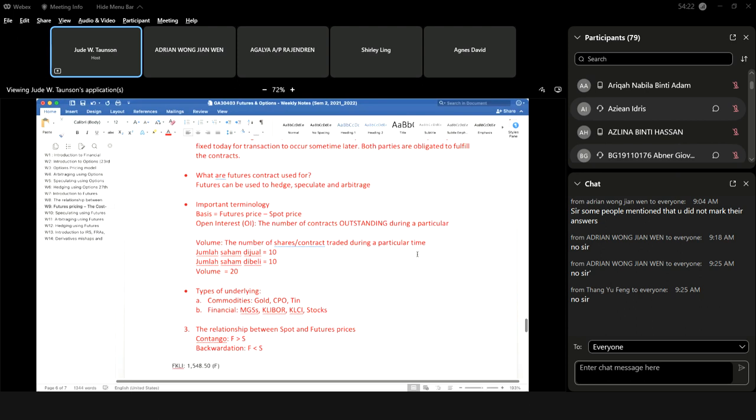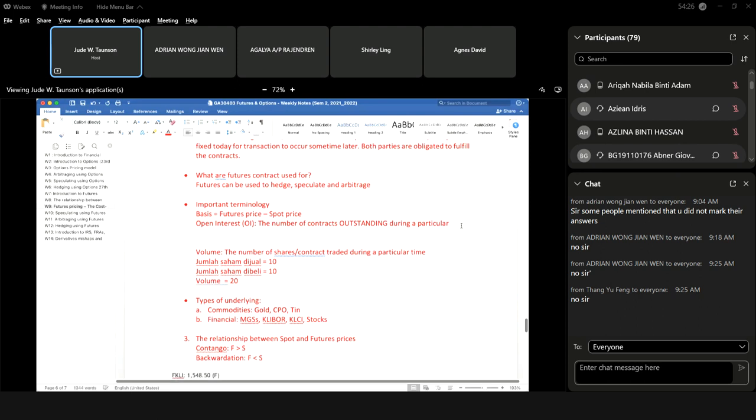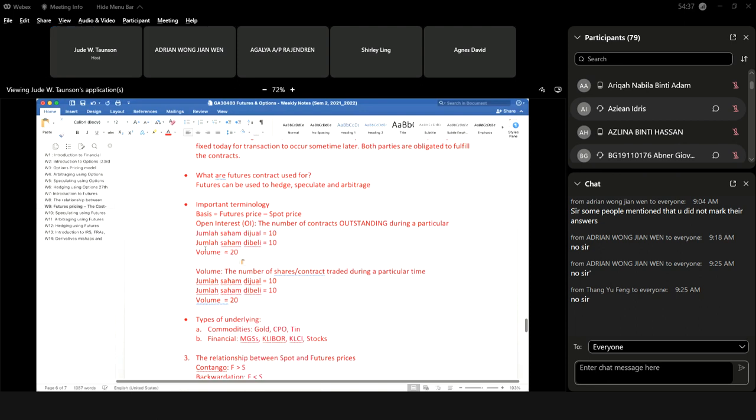Okay, so what is the meaning of open interest? Open interest, for example, the number of shares sold or the number of contracts sold.